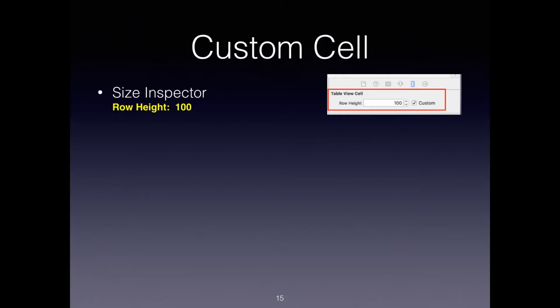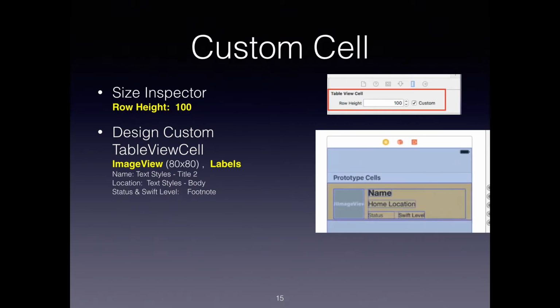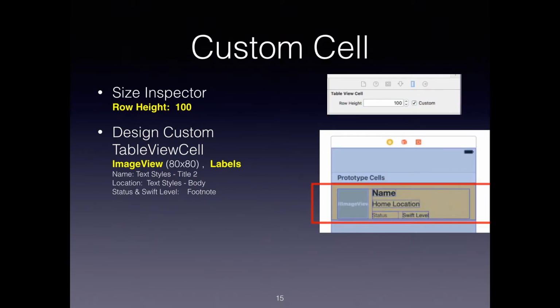Then we're going to start to customize the cell. When we customize it, we'll change the height to 100, and change the image size to 80 by 80. We'll put in a name, and we can set the font style, and we'll put in a location, with another font style, and then we'll put a status and a Swift level, with yet another font style.